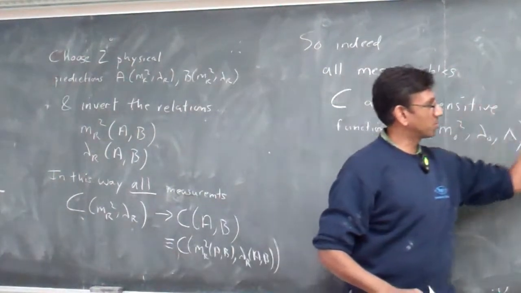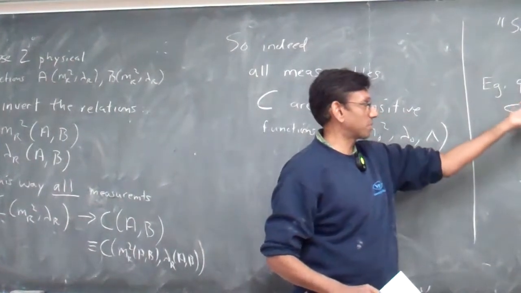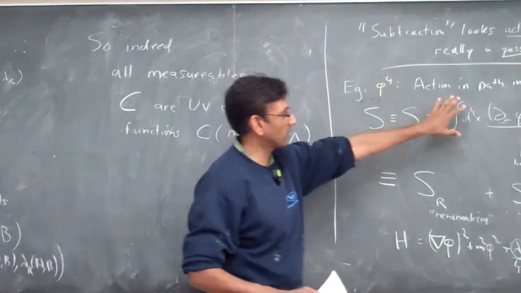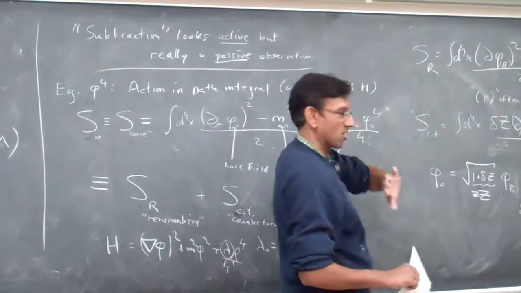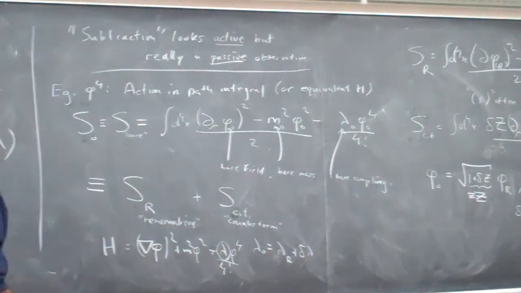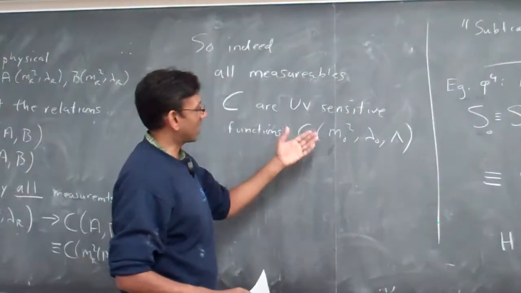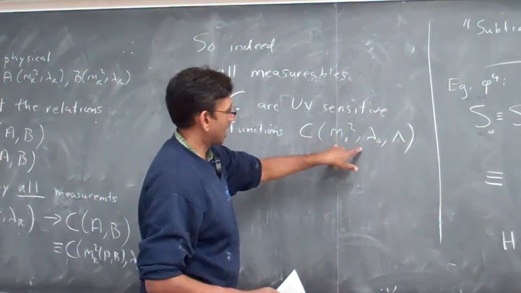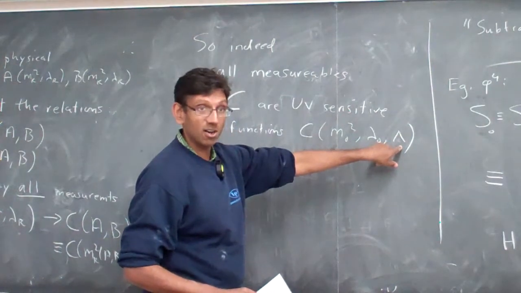Yes, if you just go and compute, this is the only path integral that we're using. We're using a path integral made from this action. Whether I decide to write this like this plus this or not, it's this action that I'm using. If you calculate, you will find that they are functions of these bare parameters, and they are very sensitive functions of the cutoff.